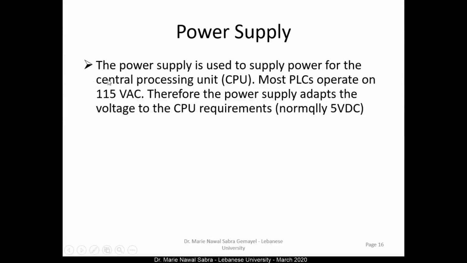So for example, if we have a 115 volts AC input power to the PLC, this cannot be the power that the inputs and outputs are going to use. They could be 120 volts, 24 volts, and we can have the 5 volts for the CPU, for example, and this power supply is going to change the 115 volts to 5 volts DC for the CPU and whatever the inputs and outputs require.